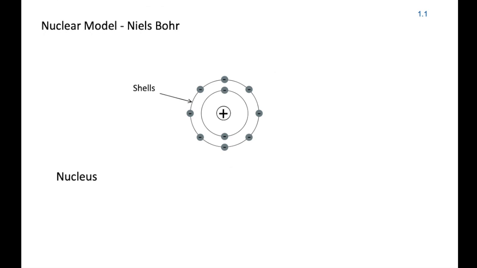He suggested that electrons actually orbited the nucleus in these things called shells. The electrons orbited these shells at fixed energies, and the shells were at fixed distances away from the nucleus, away from the center.